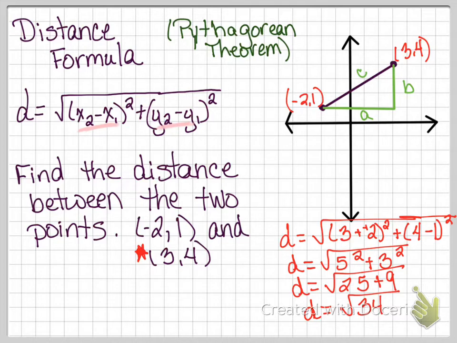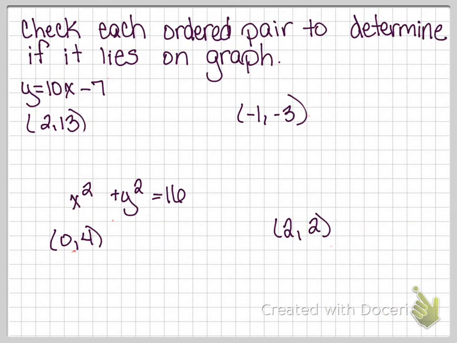We're going to move into now determining if points are on a specific equation, if a point makes that equation true. We've done this before for lines, but we're going to expand that to things that are not lines. So the first thing that we're going to do is check each ordered pair to determine if it lies on the graph.